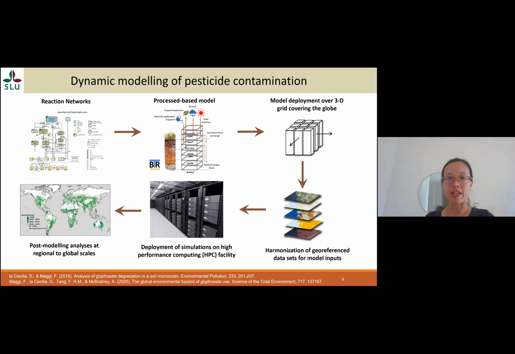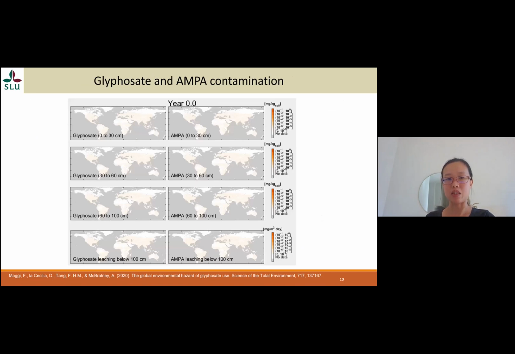So I show here an example, one of the simulation outputs from this work. The panels on your left show the glyphosate concentration in soil, and the panels on your right show AMPA concentration. And from top to bottom are different soil layers.